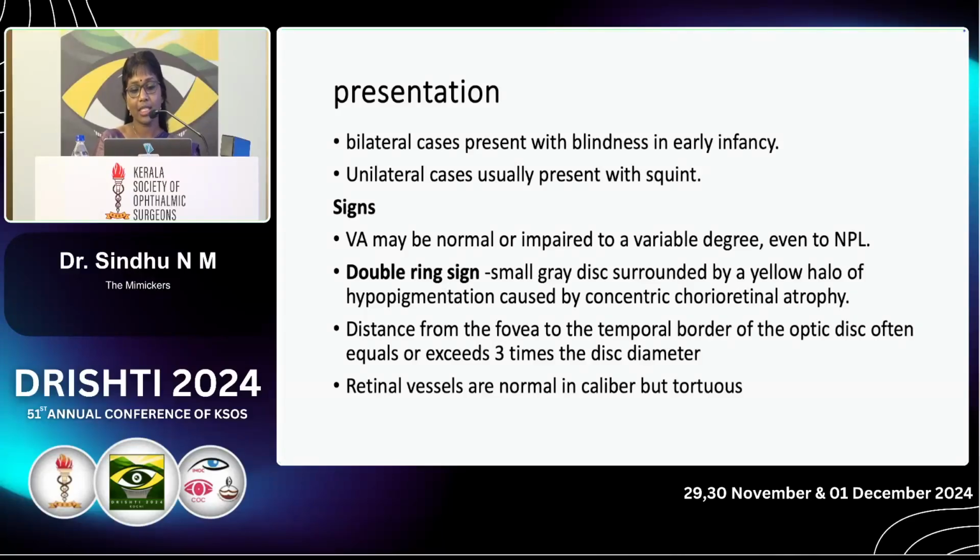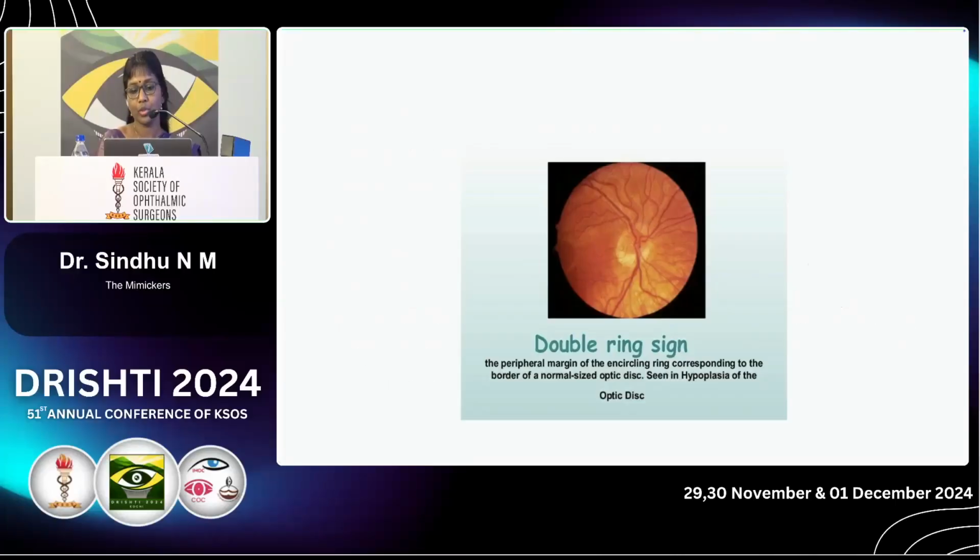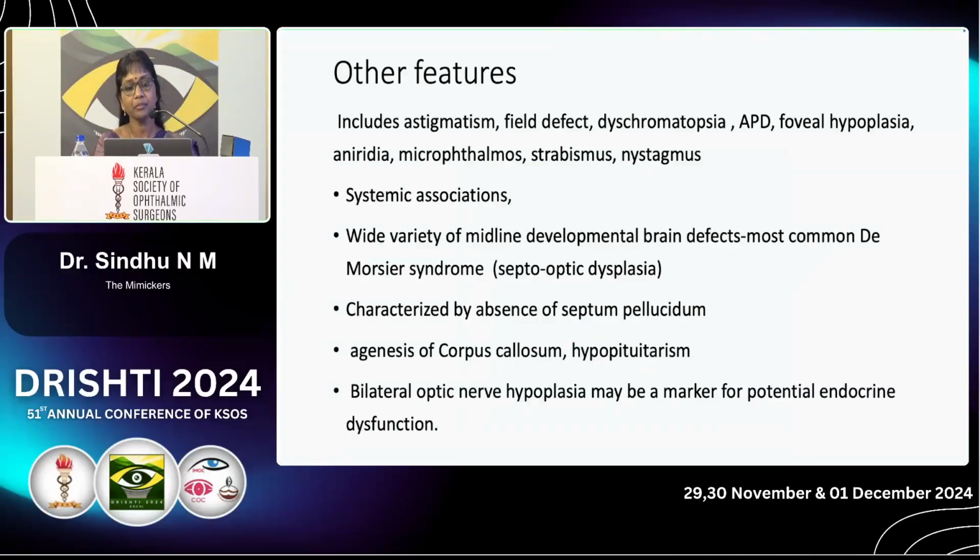The retinal vessels are normal in caliber but tortuous. This is the double ring sign, the yellow halo. The peripheral margin of the encircling ring corresponds to the border of the normal sized optic disc. Other features include astigmatism, field defects, dyschromatopsia, afferent pupillary defect, foveal hypoplasia, aniridia, microphthalmos, strabismus and nystagmus.